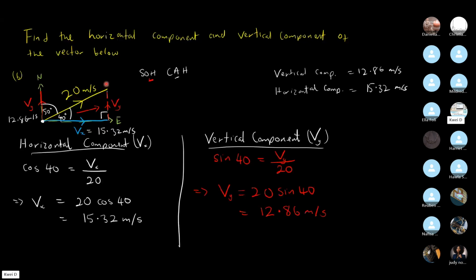You are splitting it into two components so that you know the magnitude with which it is moving vertically alone and the magnitude with which it is moving horizontally alone. That is what we mean by resolution of vectors. You are taking a single vector and splitting it into its component vectors. I hope it's making sense.